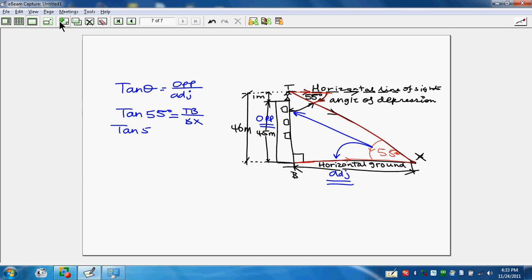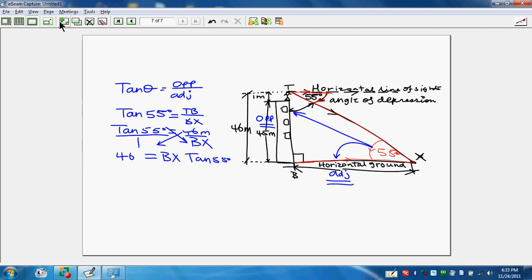That really means that tan 55 degrees is equal to 46 meters over BX. So if we put tan 55 over 1 and cross multiply, we will get that 46 is equal to BX tan 55 degrees. What we did, we multiply 46 by 1 and we multiply tan 55 by BX and we put them equal.